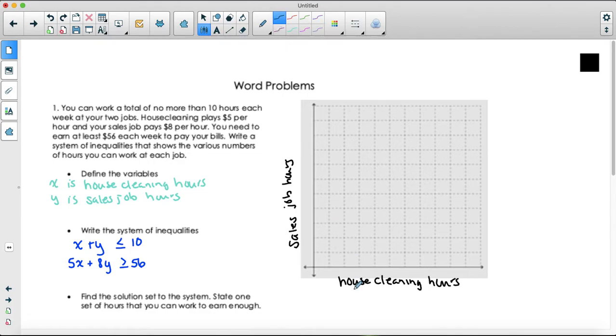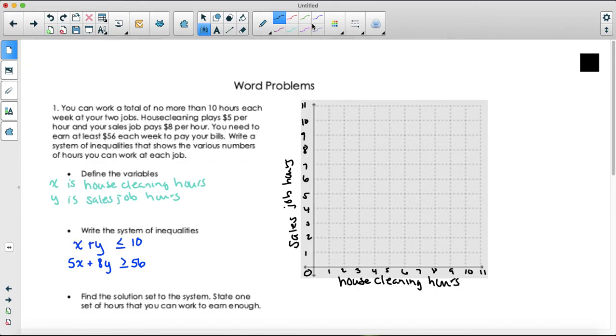We can count by ones: 1, 2, 3, 4, 5, 6, 7, 8, 9, 10, 11. We'll do the same thing here. So this is 0, 1, 2, 3, 4, 5, 6, 7, 8, 9, 10, and 11.